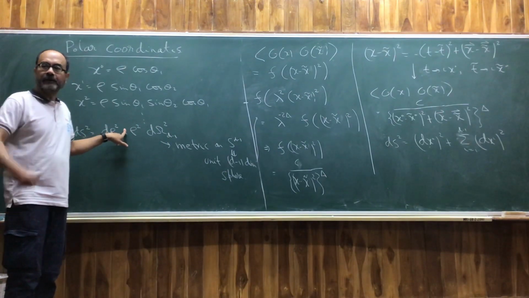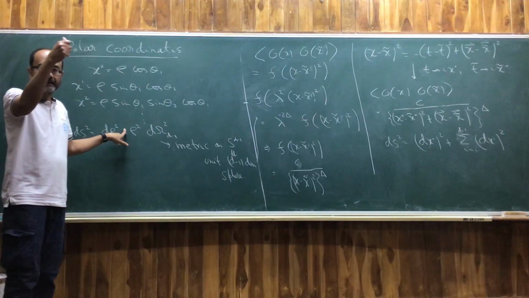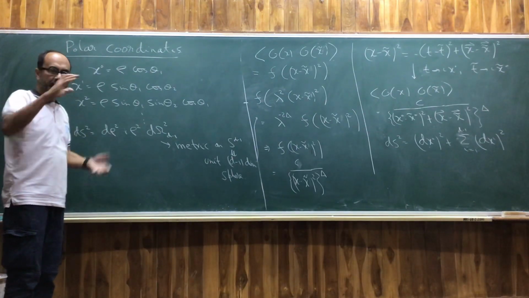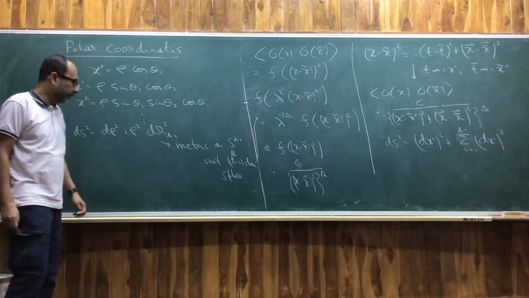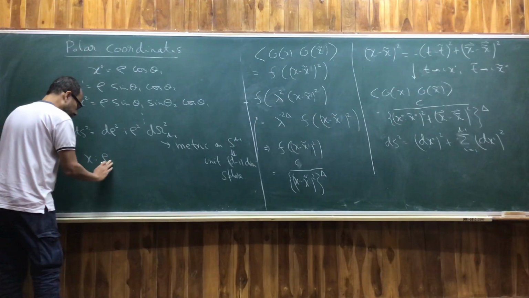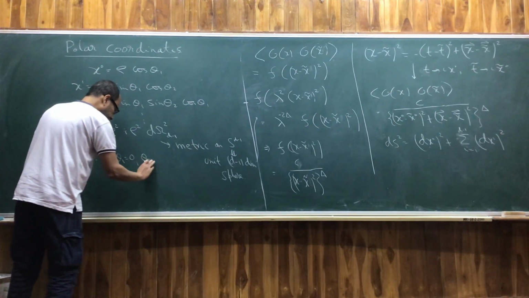Just like in 3 dimensions, you can always put the first point on the z-axis, by rotation. So x will be at rho equal rho, and theta 1 equal to 0, theta 2 equal to 0, and so on.